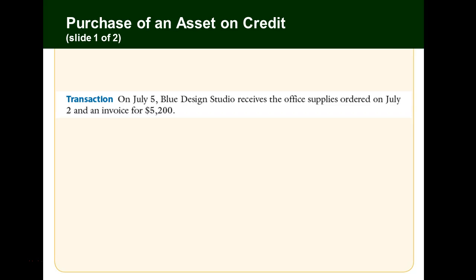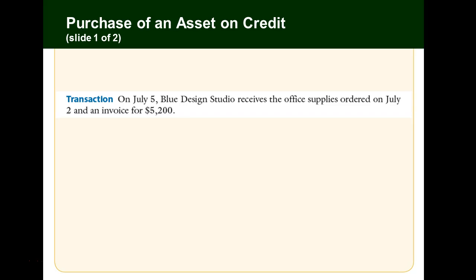Here's another one. On July 5th, Blue Design Studio receives the office supplies ordered on July 2nd and an invoice for $5,200. Did a business transaction take place? Yes. What is the recognition? July 5th. What is the valuation? $5,200.